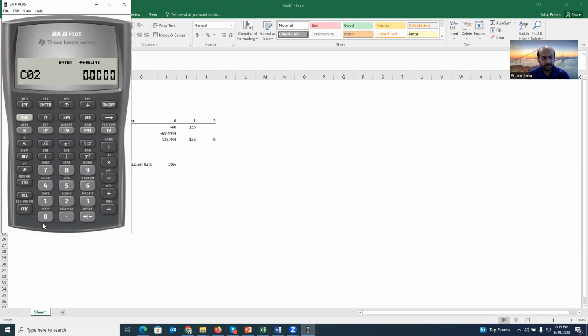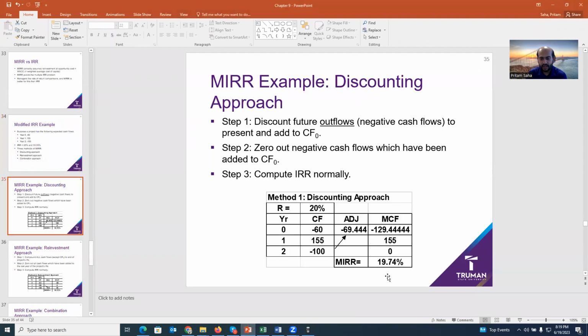Frequency 1, then 0, enter, frequency 1, and then compute IRR: 19.7466. So 19.7466 makes sense. The definition: discount future outflows to the present and add to CF0. Makes sense?